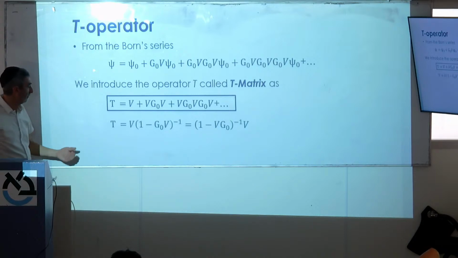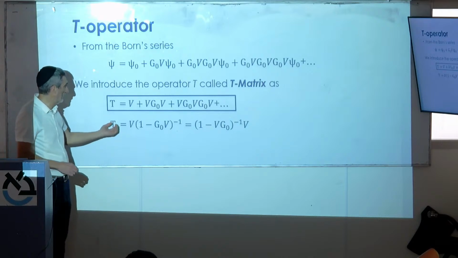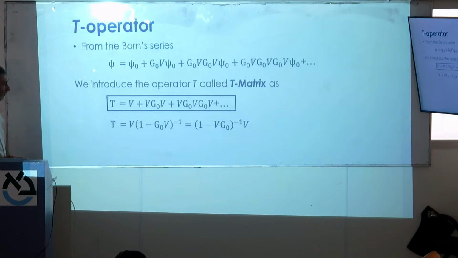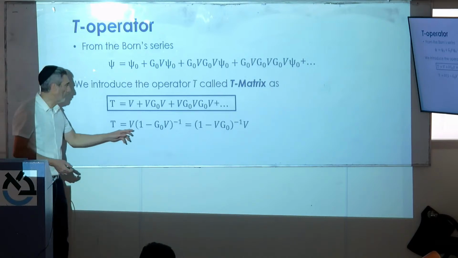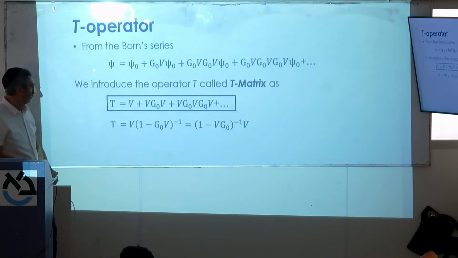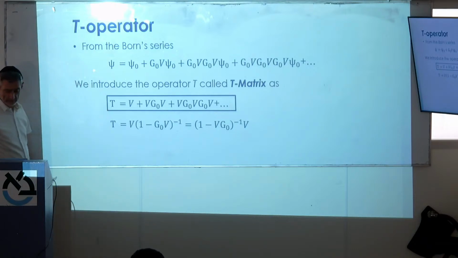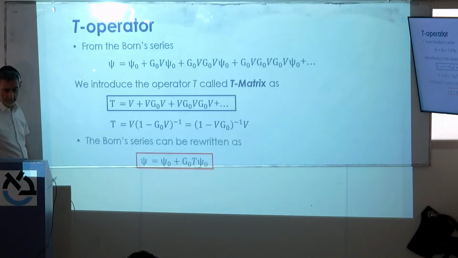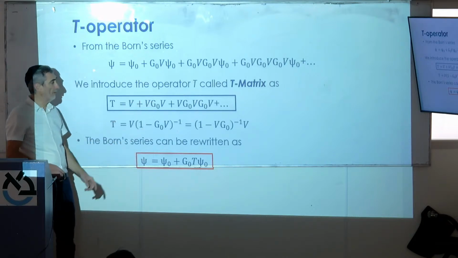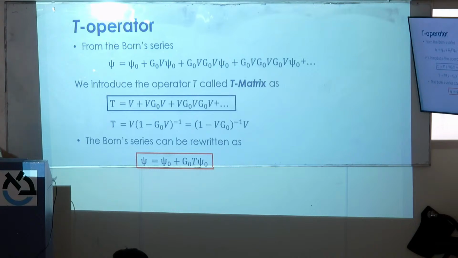You can actually factorize V, and you get the same limit for an infinite number of terms: V times 1 over 1 minus G0V. So the Born series can be written as psi is equal to psi 0 plus G0 T psi 0. Is that clear?